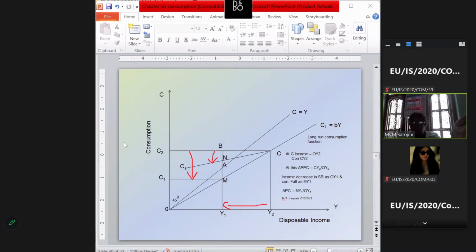And also the short-run average propensity to consume is greater than the long-run average propensity to consume. At that point N, you can calculate APC. Right here, at the point N, the APC is equal to N Y1 divided by O Y1, right?